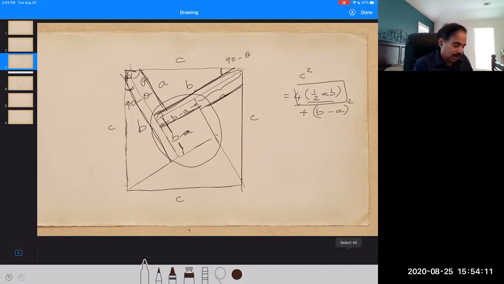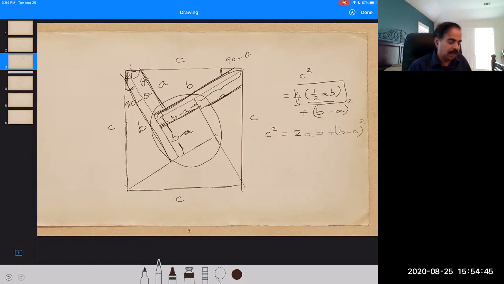So if we just do the arithmetic here, or algebra here, then you have c square equals 4 times half AB, which is 2AB. So we have c square equals 2AB plus b minus a whole square.